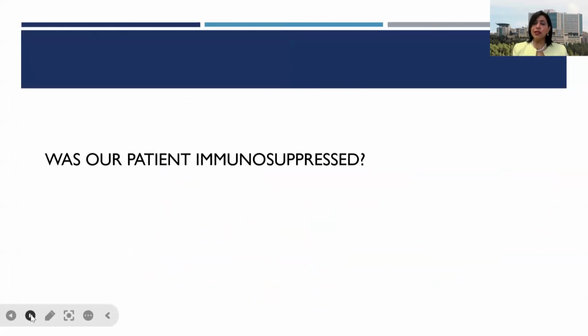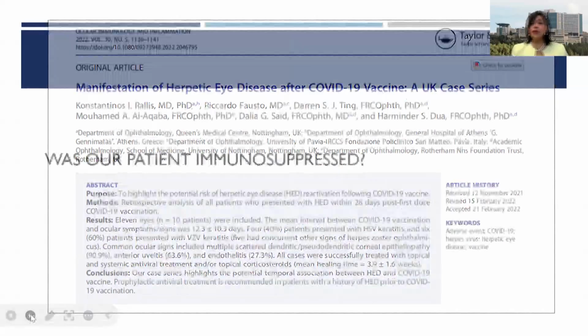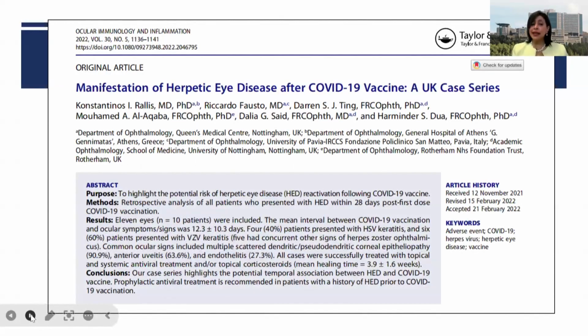Just to remind you that the patient developed the uveitis around a month after receiving the COVID-19 vaccine. This UK case series is about 10 patients who developed herpetic eye disease following the first dose of the COVID-19 vaccine.